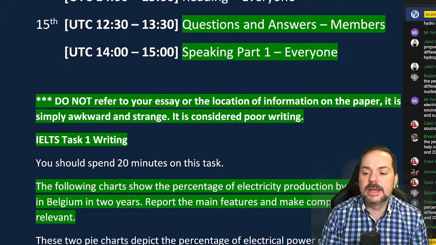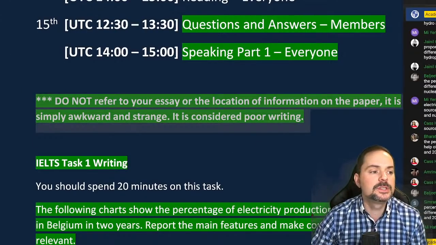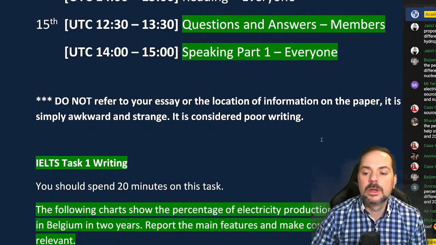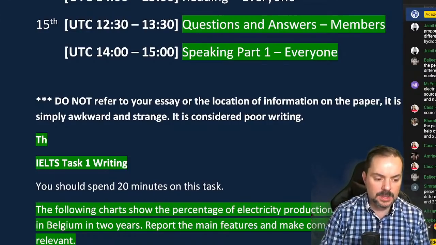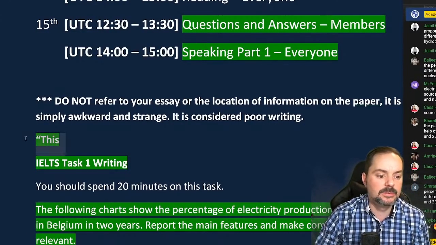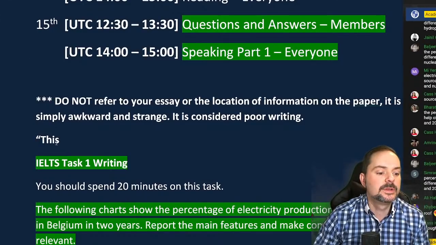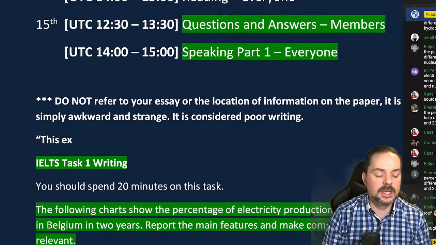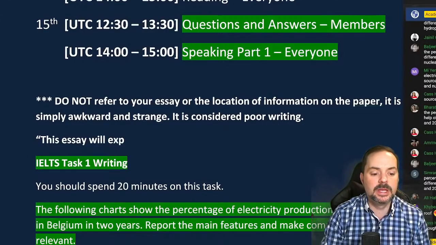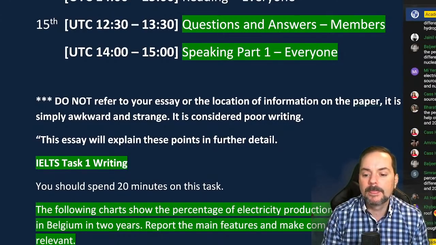So what I mean by that is you often see students doing this, where they go, this essay will explain these points in further detail. Okay.